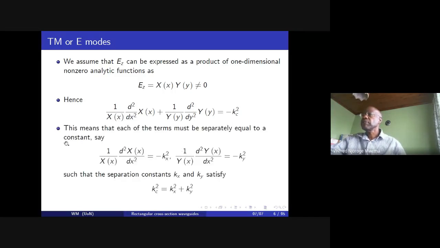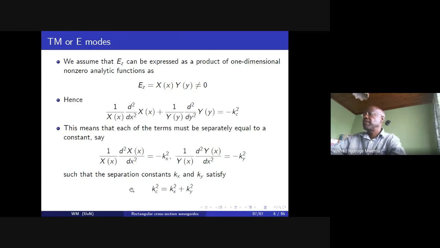So each of the terms must be separately equal to a constant, and we can say that 1 by X of x d2 X of x by dx squared equals minus kx squared, and the other one is equal to minus ky squared, as long as kc squared is equal to kx squared plus ky squared.